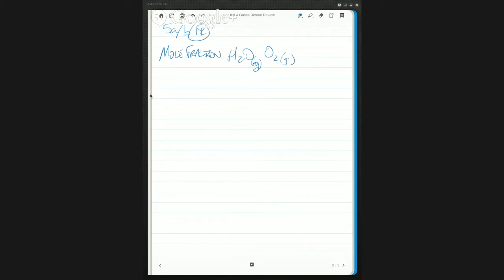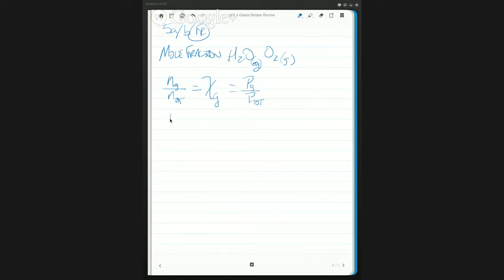Now, this is the hard part to remember. Mole fraction, which is the moles of your gas over the total moles, that's mole fraction right there. The mole fraction of your gas, which is also equal to the partial pressure of your gas over the total pressure of your gas.